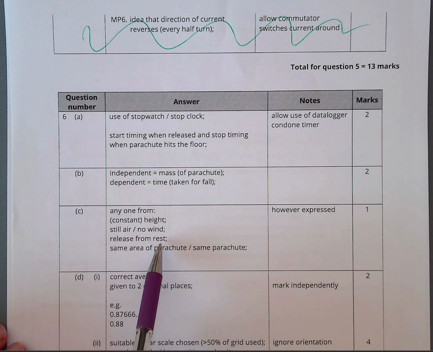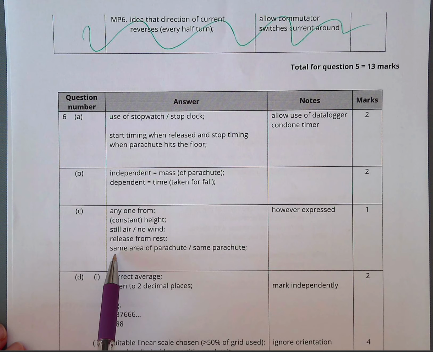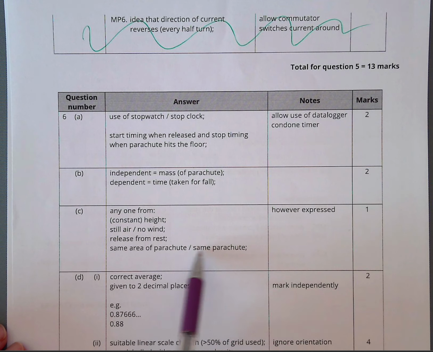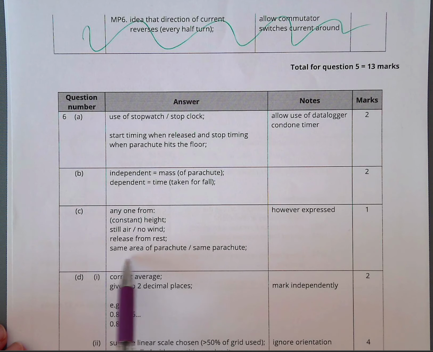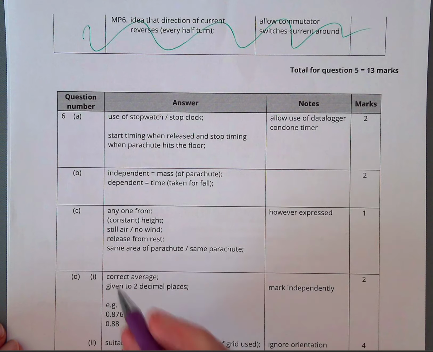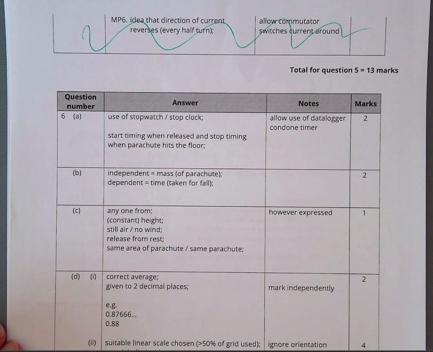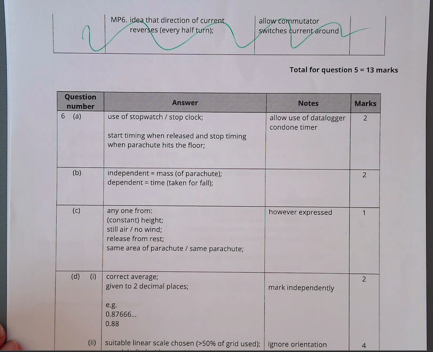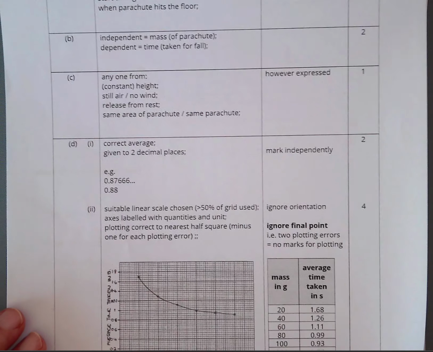Release from rest, well, obviously you're not going to push it down, and make sure you have the same parachute each time, so they have the same area to catch the air. Remember it's the surface area of the parachute which is working against the gravity which is pulling it down. And I'll just show you the rest of that.